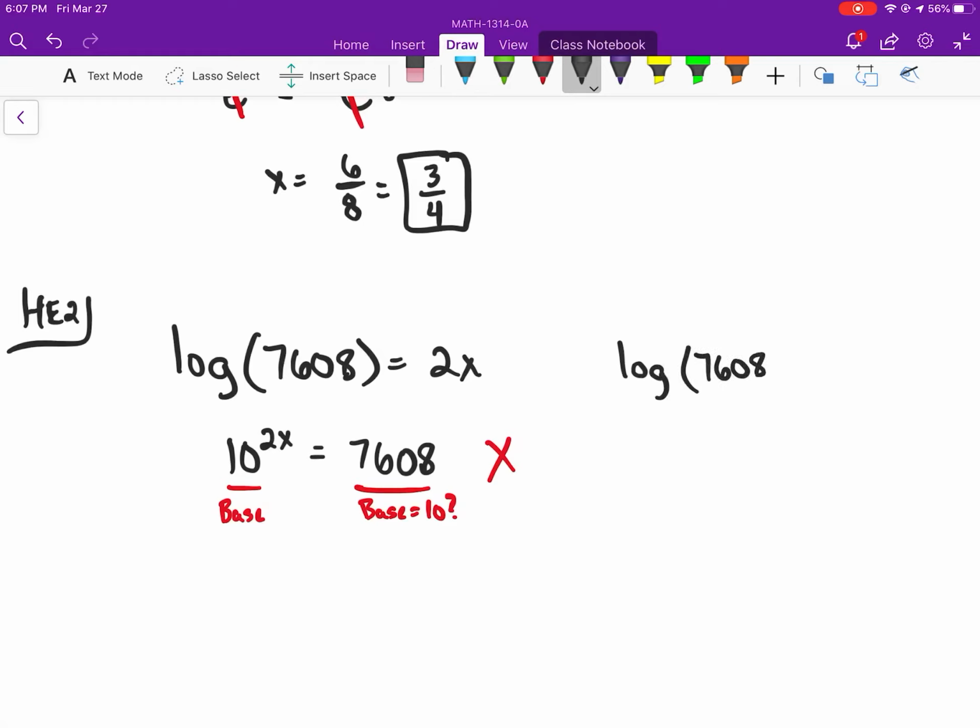So in this case, and this is why it tells us we can use a calculator, I'm just rewriting the problem one more time. We're actually going to punch in our calculator. We're going to put log 7,608 and hit enter. Okay, so we were solving that part right there.